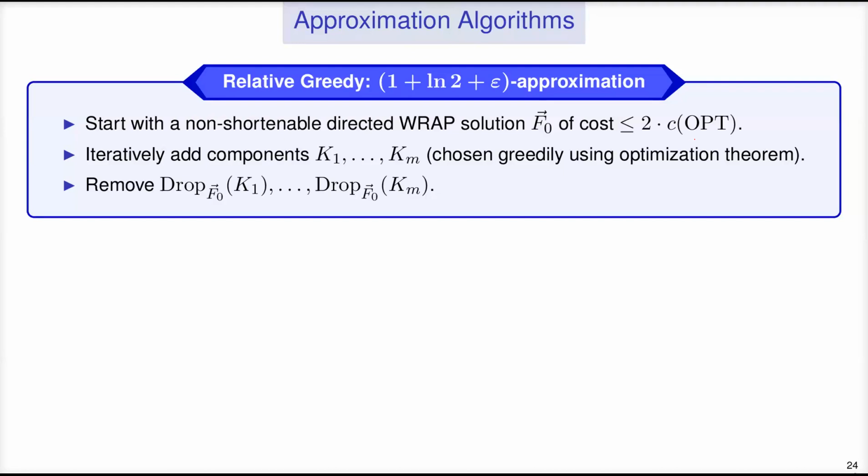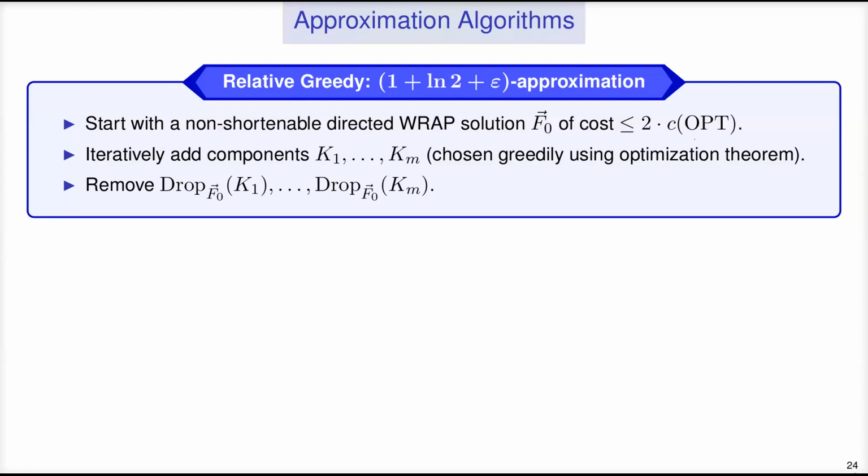So why is it making progress? At the beginning, OPT is only about half of the cost of our directed solution. So by the decomposition theorem, we will have bang for the buck of almost factor 2, so we will improve on that part. And this will keep going.